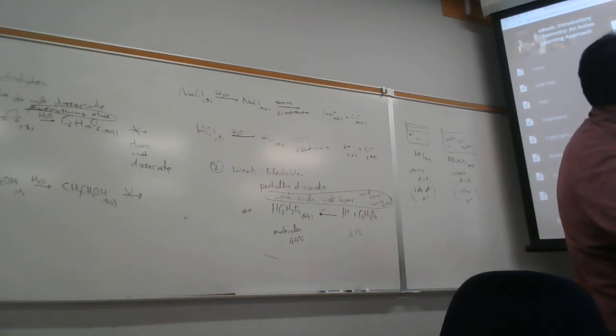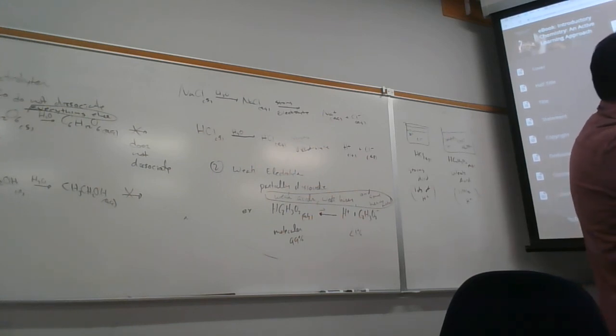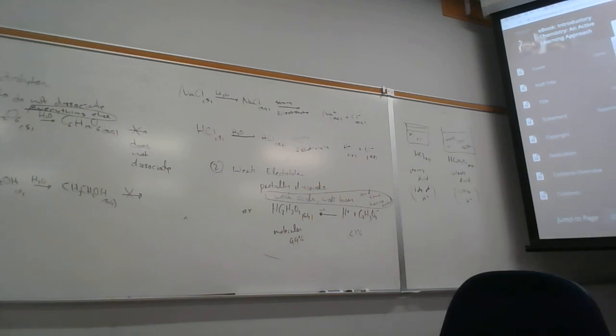Over here is copper(II) chloride. Copper(II) chloride is a soluble salt, and soluble salts break apart. So this is going to break apart into 1 copper and 2 chlorides, all of them.